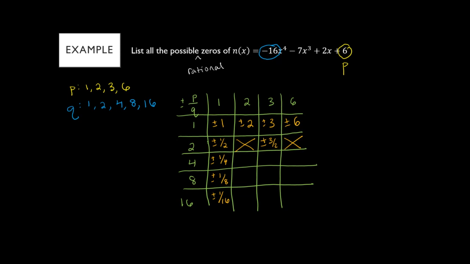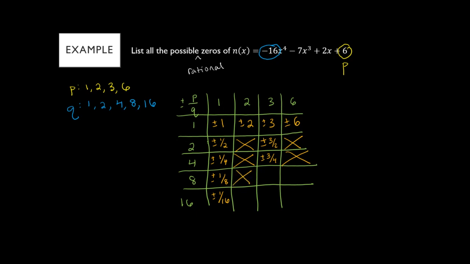So I'm going to start at row 4. 2 over 4 is the same as 1/2. So I've already gotten that written down. Next one's 3 over 4. I don't have that written down. And then 6 over 4 reduces to 3 over 2. So that's written down. Then we've got 2 over 8, which is 1 over 4.